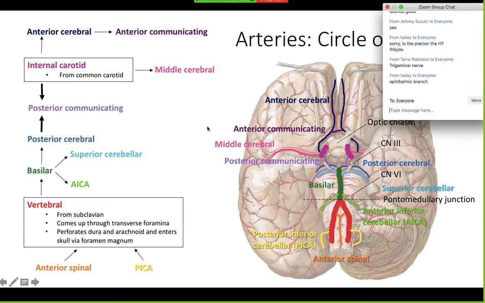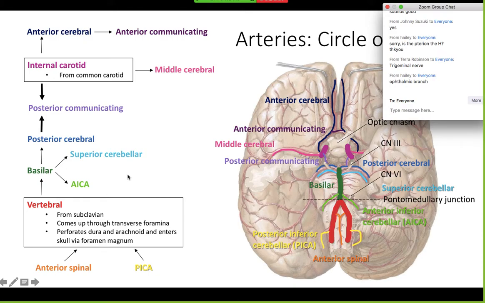Now, this is the circle of Willis, and there's really not a lot I can say to make this easier other than it's mostly memorization. But one thing I did want to point out, which was kind of lost on me last year, is that when you refer to the circle of Willis, you're not referring to all of these arteries.